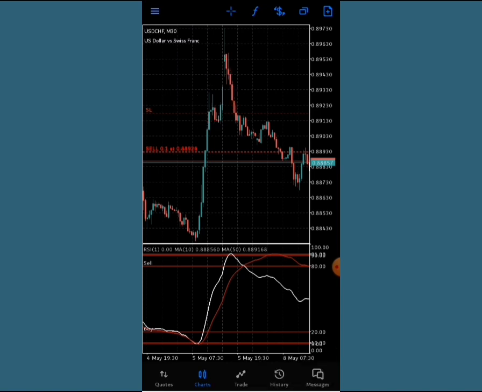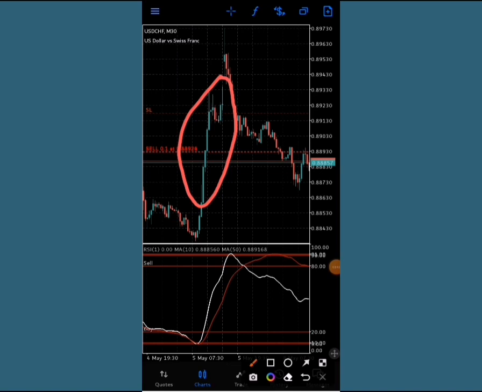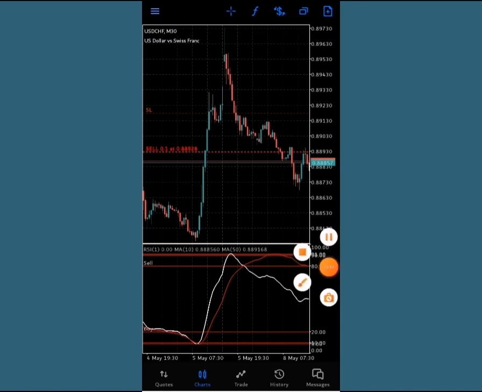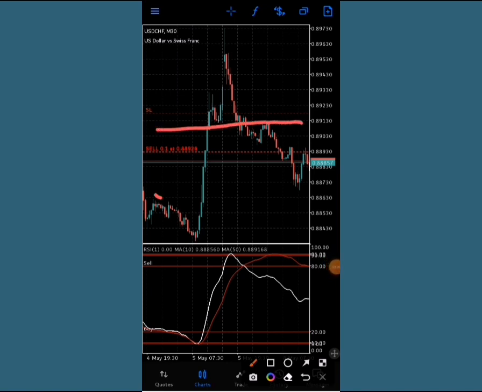You also consider liquidity gaps. If you talk about gaps, this is also a liquidity gap. So if price spikes up, if price makes a spike like this, a straight move, what remains is what is called a liquidity gap. So right here we can say that this is a liquidity gap that needs to be filled.